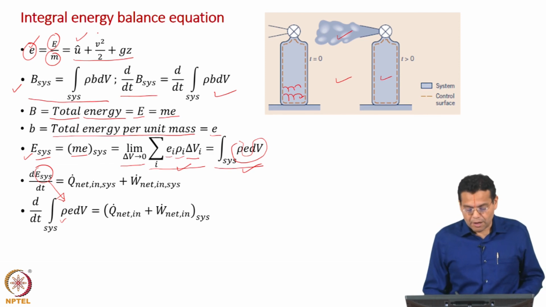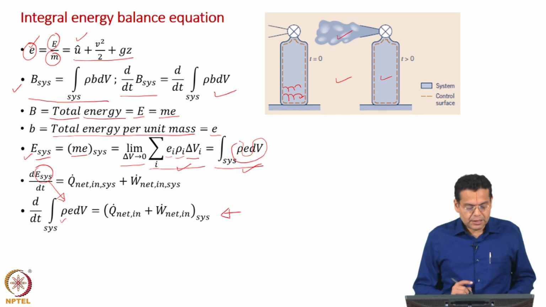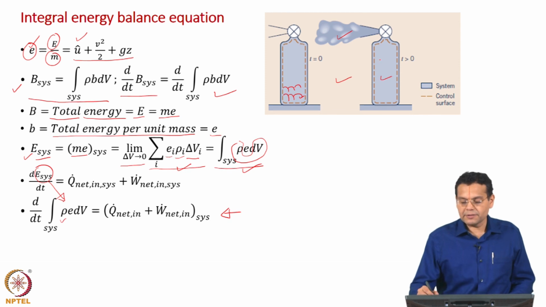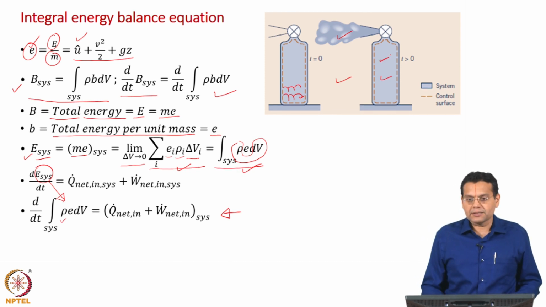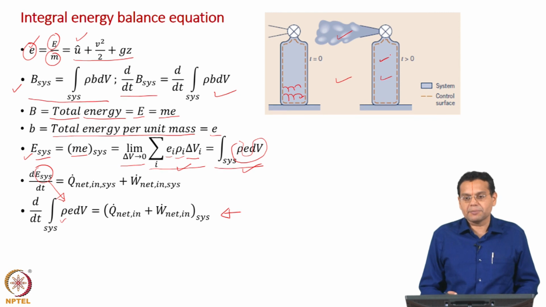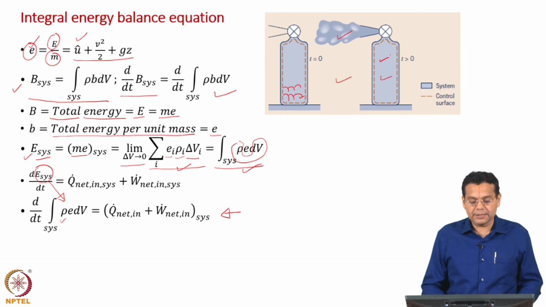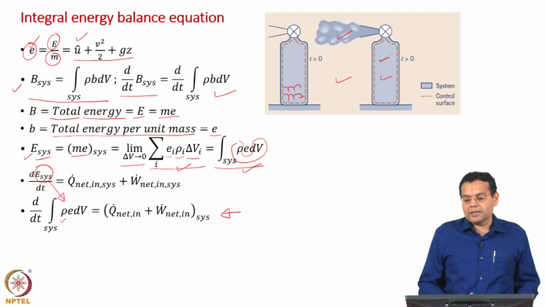Okay. How do you interpret this equation? This is the first law of thermodynamics for a system, as we have seen here, made of fluid particles. That is the way we should visualize. We usually apply the first law of thermodynamics for, let us say, a gas inside a cylinder with a piston which goes from one state to another state, etc. The way in which we should visualize this is, it is the first law of thermodynamics for a system made of fluid particles, and the system is flowing.